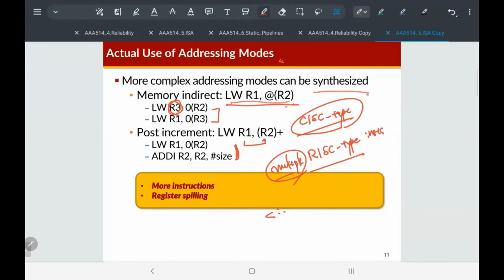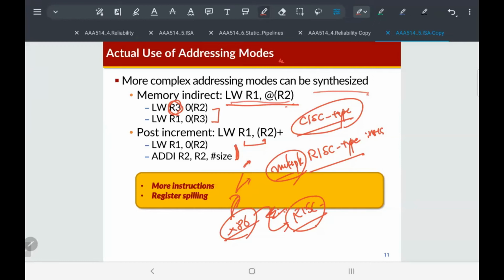So recently, the x86 processors also use a RISC-like microarchitecture, which means that even though x86 supports complex instructions, because x86 is a CISC type ISA, these complex instructions are decoded into several simple instructions.